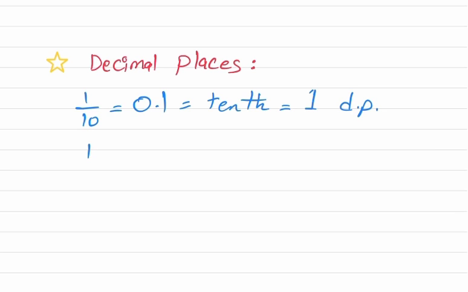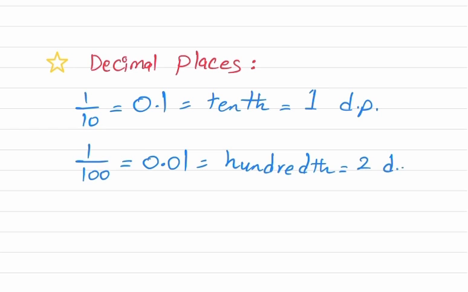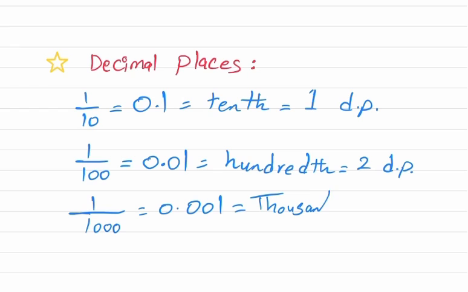Also, 1 over 100 or 100ths is equal to 0.01, and this is the same as hundredth, and it's equal to 2 decimal places, the same as 1 over 1000, and this is equivalent to 0.001 or thousandth, and it's equivalent to 3 decimal places.